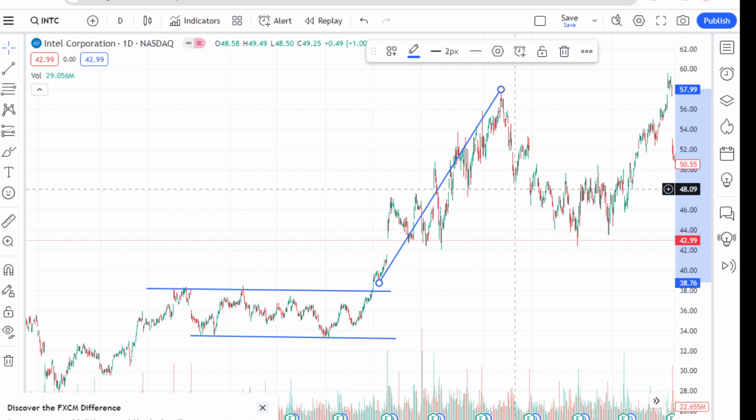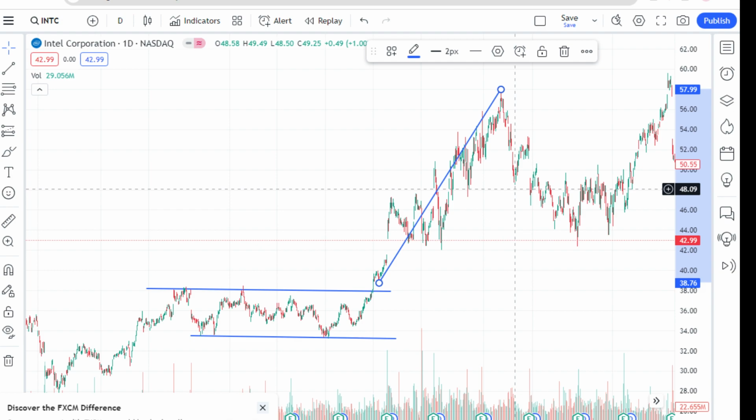And as we can see, the stock traded in this range between resistance and support for more than a year. This is September of 2016, all the way up through September of 2017. This is an example of how important it is when a long-term support or resistance level is broken.